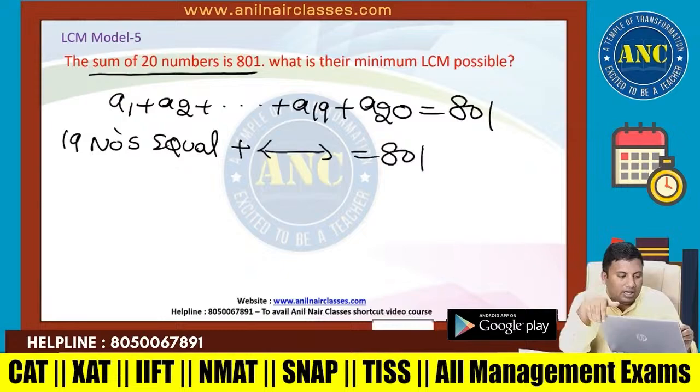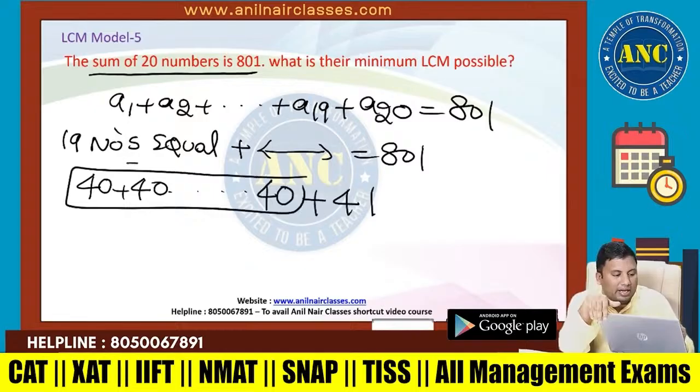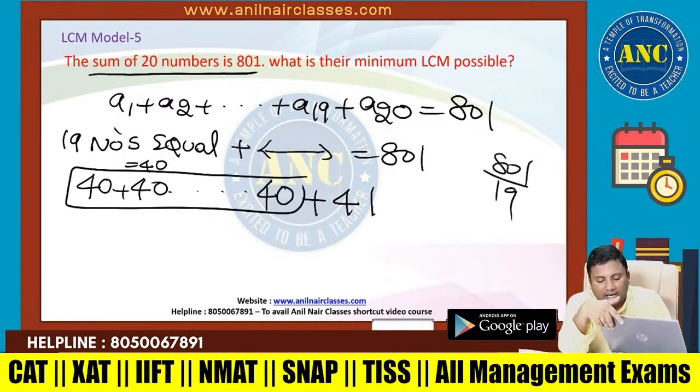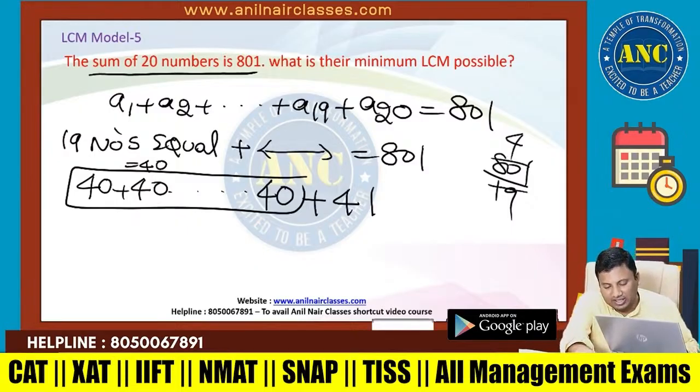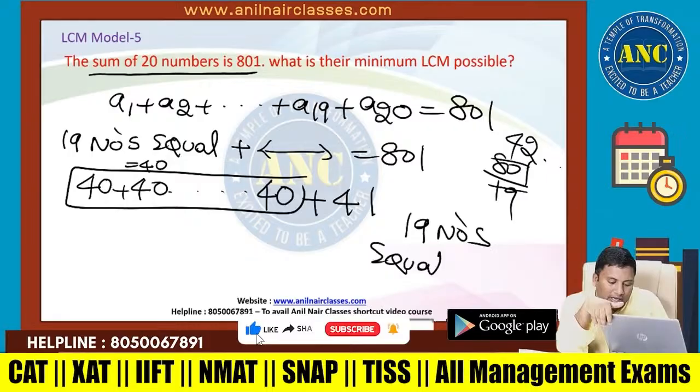If I take 19 numbers as 40, 19 times 40 is 760, remaining is 41. Which number should I make equal? 801 divided by 19: 19 fours are 76, and 19 twos are 38, so the 19 equal numbers should be around 42.